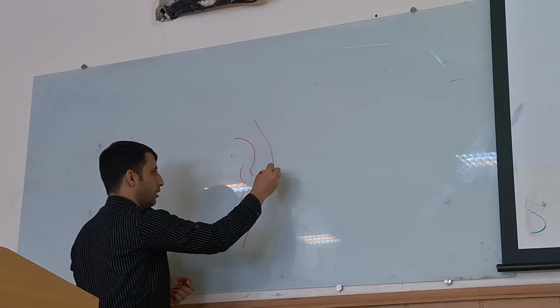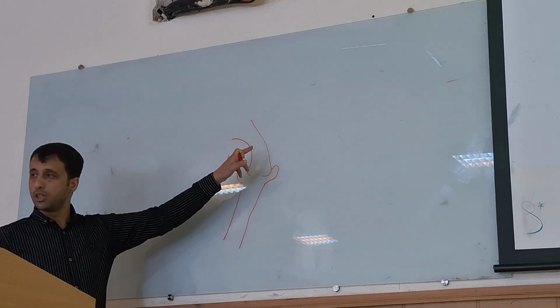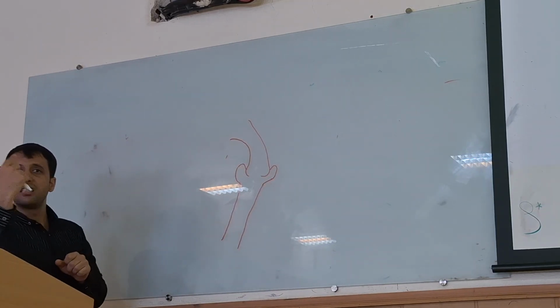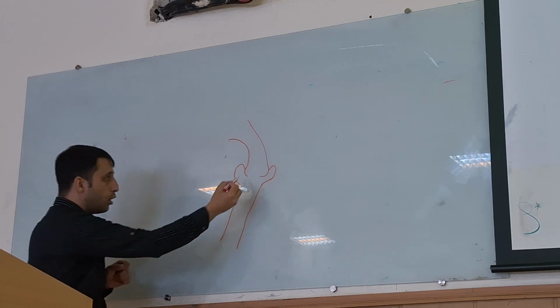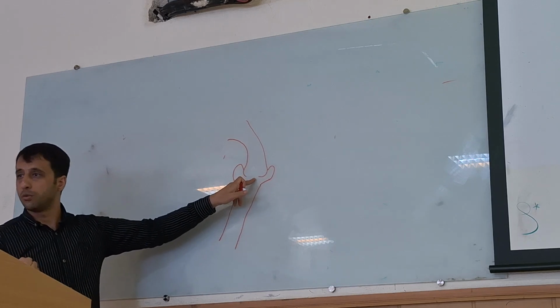When the vagina arrives at the uterus, it makes a circular groove around the external os of the uterus.